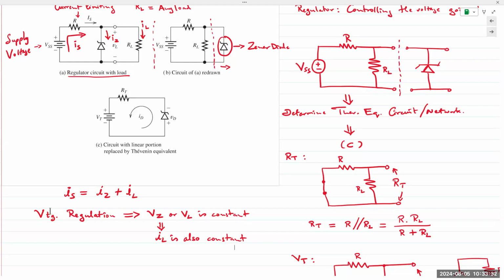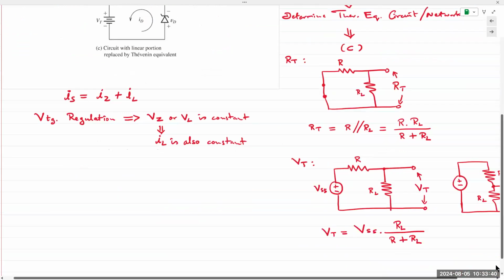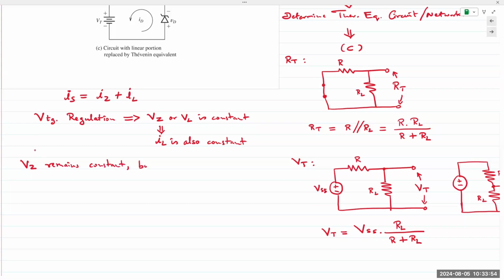And this is the key point. In Zener regulation, VZ remains constant. But IZ must change.